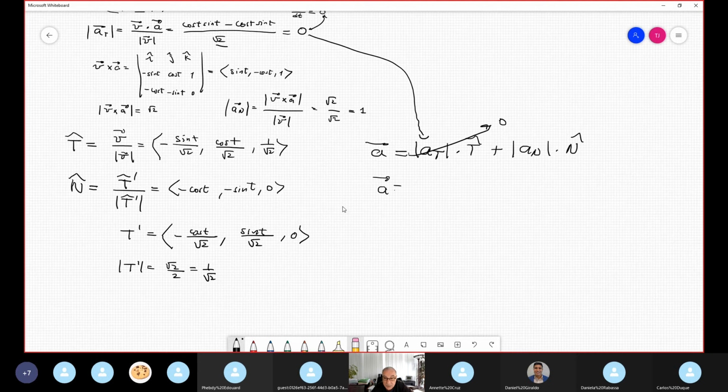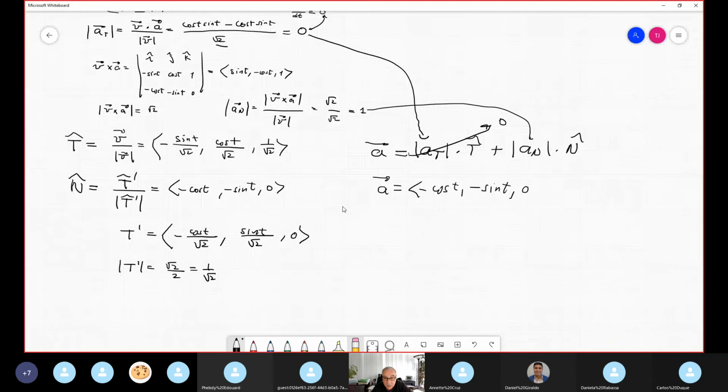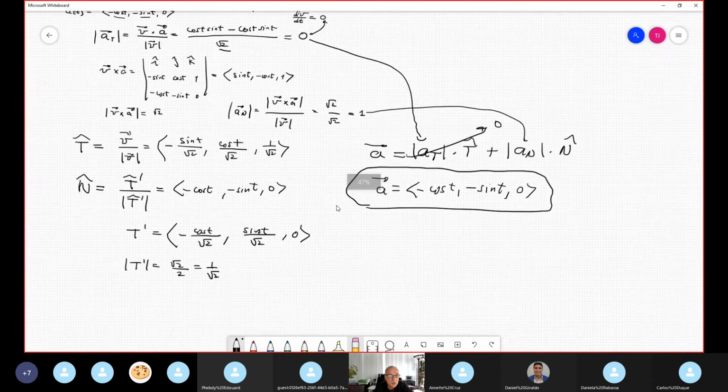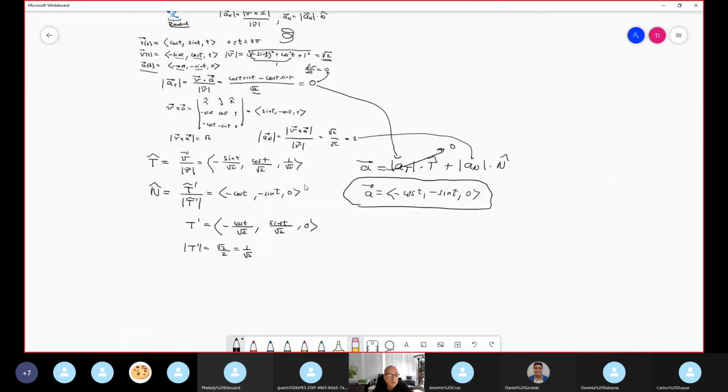And acceleration is this component, which is 1, look, multiplied by the normal vector, which I have here: minus cosine t, comma, minus sine t, comma 0. And this is not new, because we discovered in the middle of the process the acceleration expression. Look. Okay, I bring this elementary example to illustrate the possibility of using the TNB frame in kinematics.